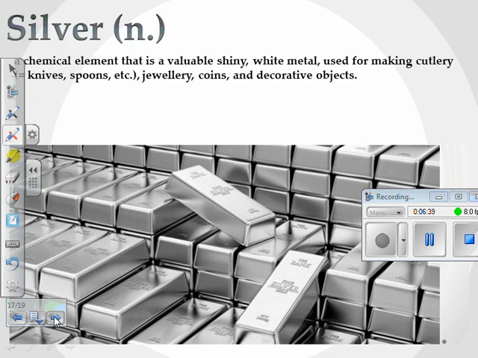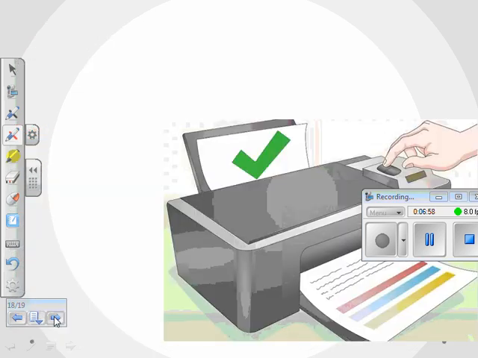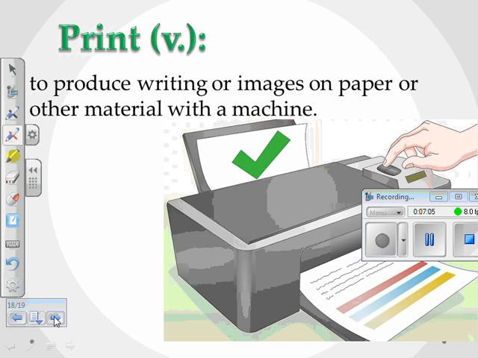Silver, a chemical element that is a valuable shiny white metal used for making cutlery, knives, spoons, jewelry, coins, and decorative objects. The knives and forks are silver plate. Print, to produce writing or images on paper or other materials with a machine.